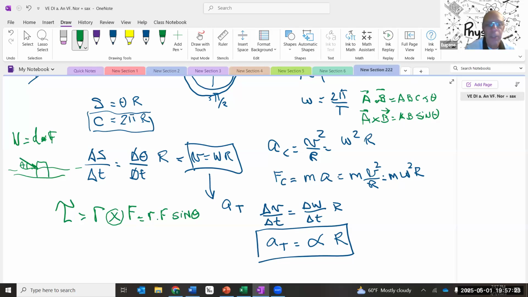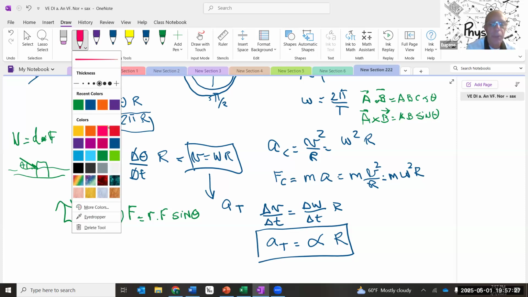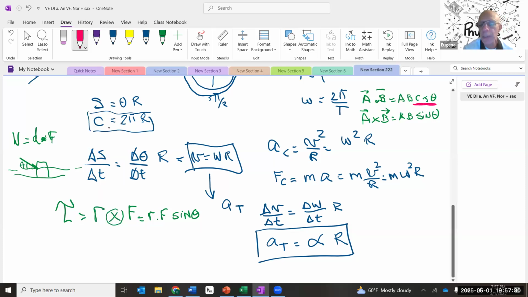So if you look here on this one, you see the cosine. So it is matching that concept that work is related to a force that goes in the same direction as the displacement.